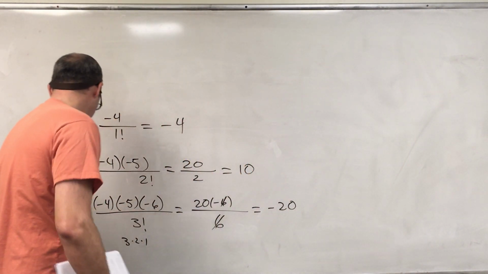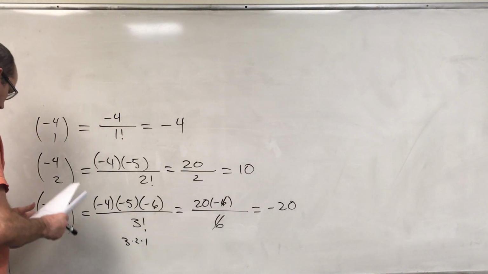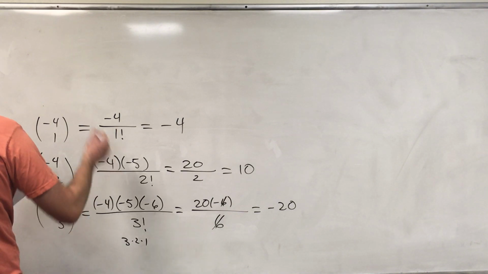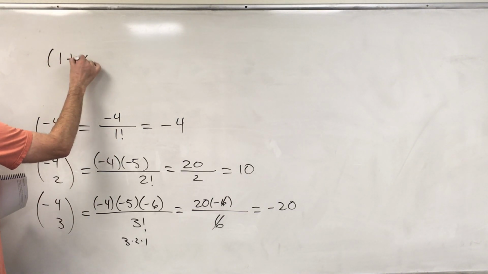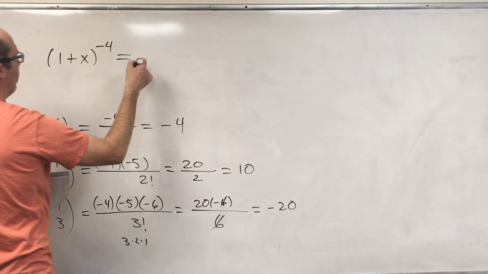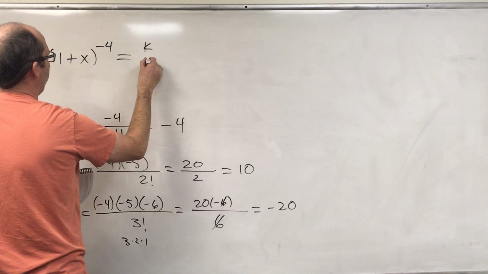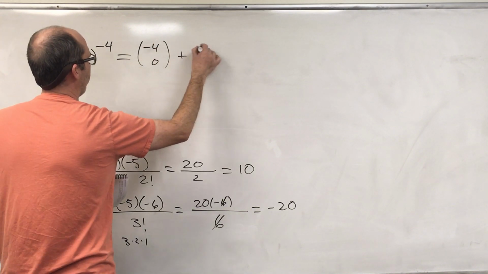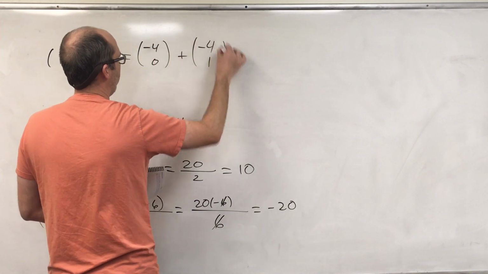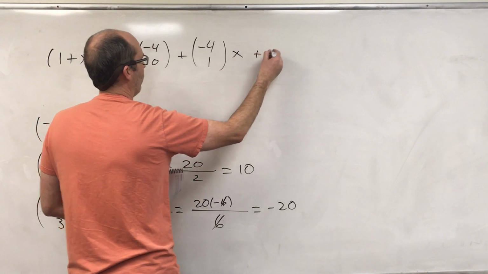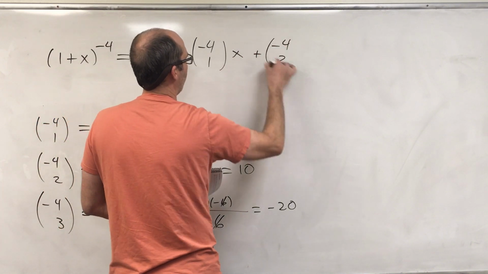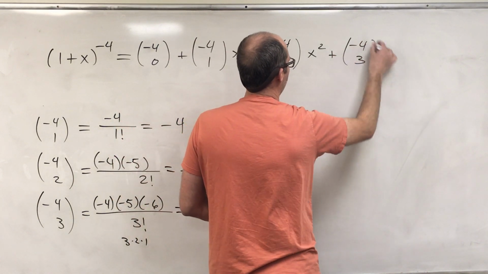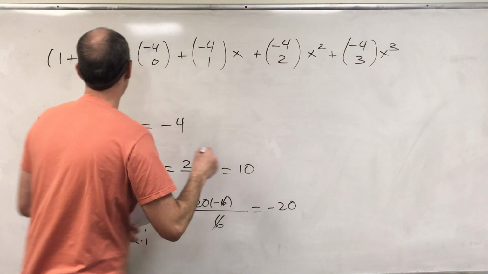All right, so remember from before, we had 1 plus x to the negative 4 was, oh, that's right, it was negative 4 and a 0, plus negative 4 and a 1, x, plus negative 4 and a 2, x squared, plus negative 4 and a 3, x cubed.